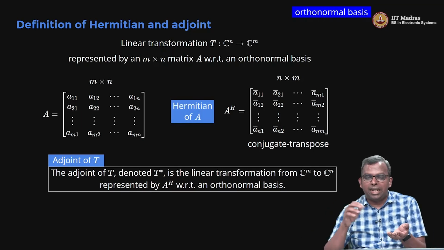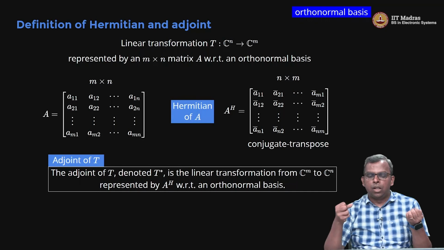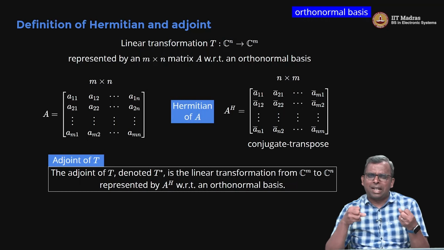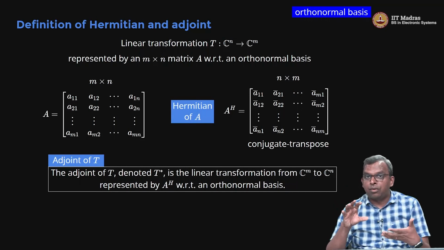Clearly T and T star are very closely related. A and A Hermitian are very closely related, so the linear transformations they represent are also going to be very closely related, and their properties are tied together in very interesting ways, which is what we'll see. But as definitions go, it's a very simple definition. You start with an operator, look at its matrix with respect to an orthonormal basis. That's very important.